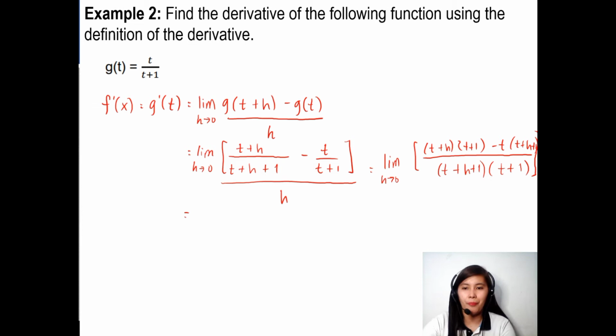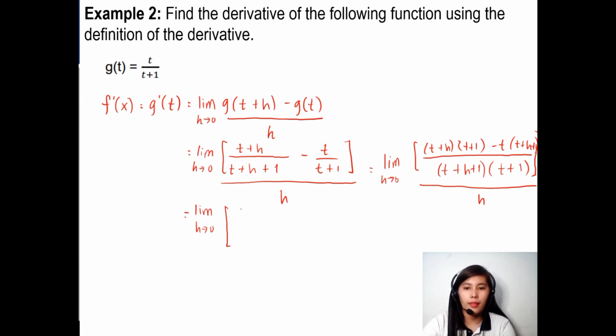So let's simplify. The limit of t plus h times t plus 1.